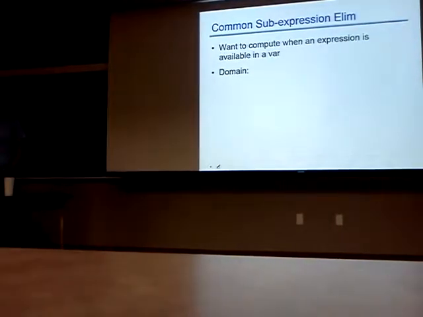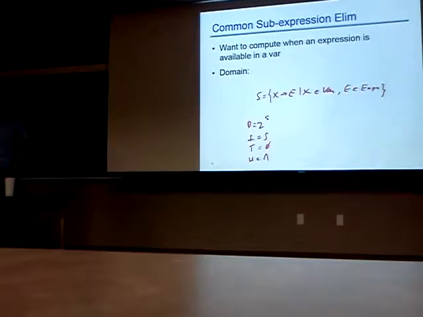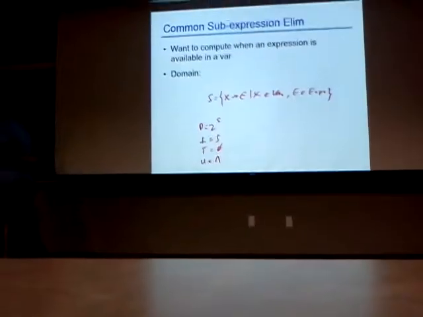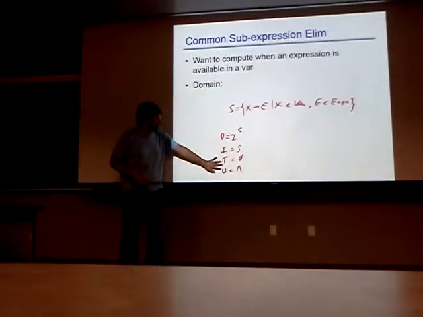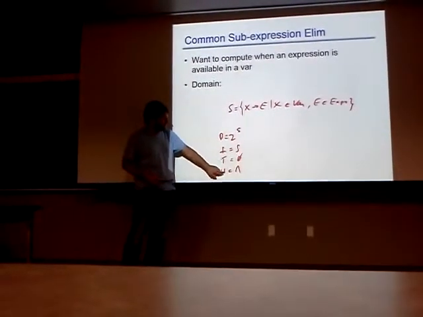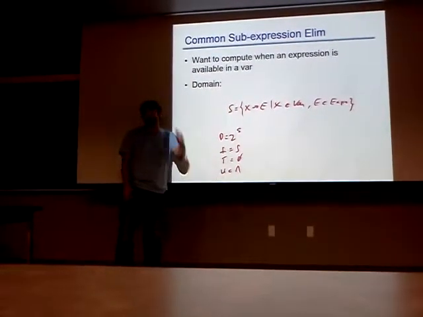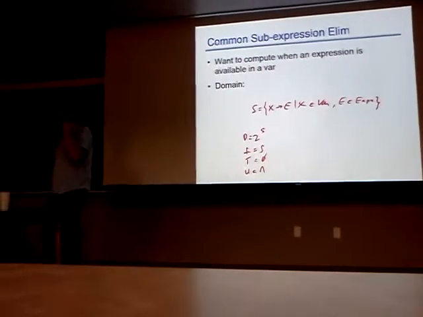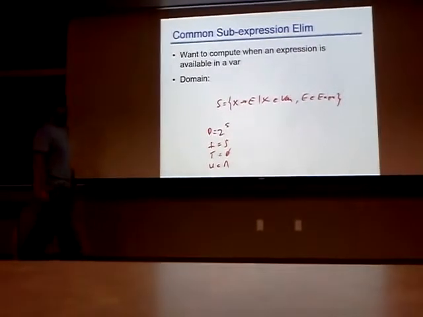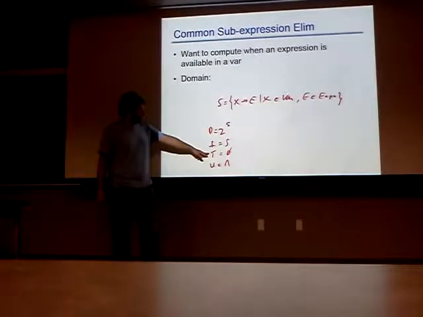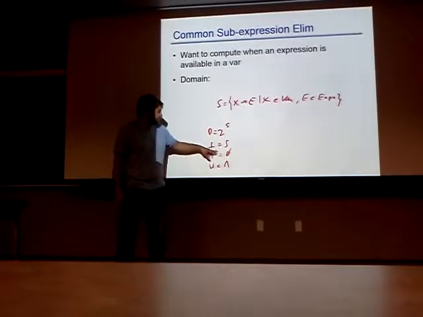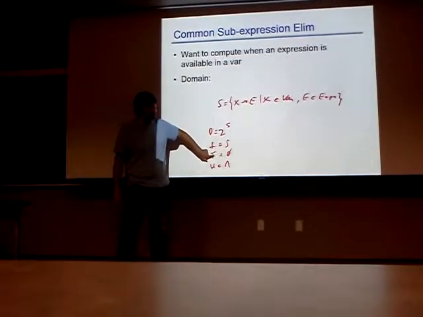So in terms of the domain, let me show you what the domain is. Because it's a must analysis, the bottom, top, and the join are all based on the previous slide. So the most optimistic information is the full set. The most conservative is the empty set.